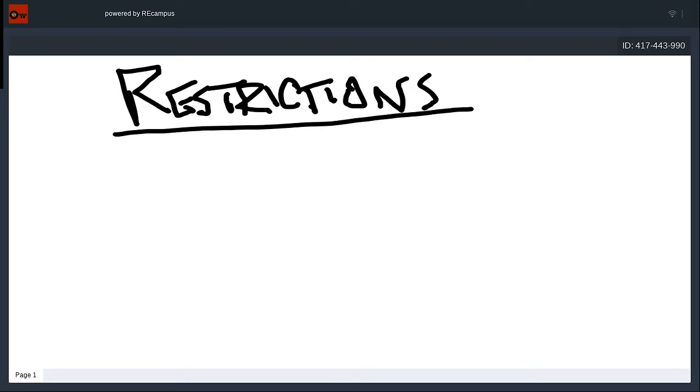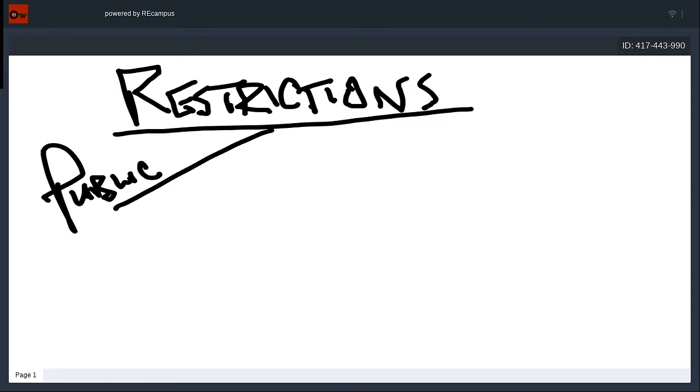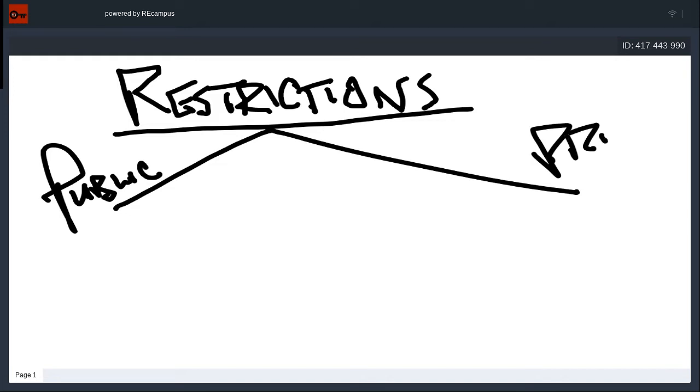Restrictions. You've got public restrictions and you've got private restrictions. Private restrictions are the CC&Rs that we've been talking about, covenants, conditions, and restrictions. Public restrictions are called police powers.